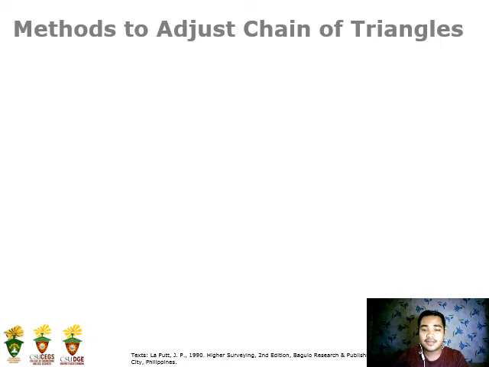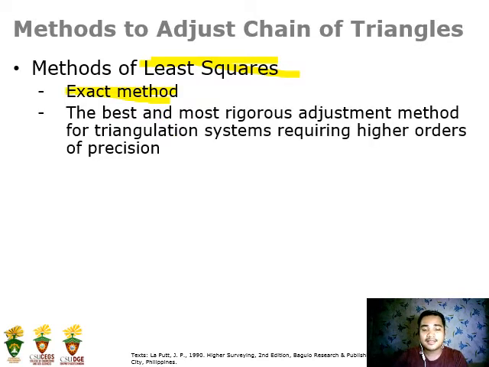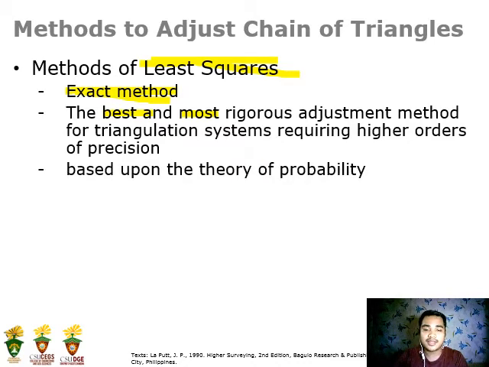So there are methods on how to adjust a chain of triangles. First is the method of least squares. This is the exact method on how to adjust the chain of triangles. Least squares is the best and most rigorous adjustment method for triangulation systems requiring higher orders of precision. It is based upon the theory of probability.